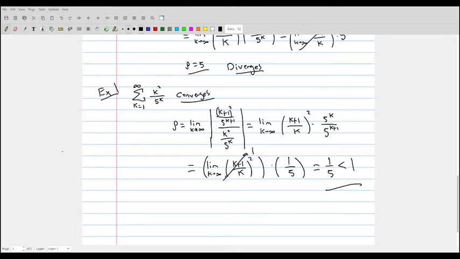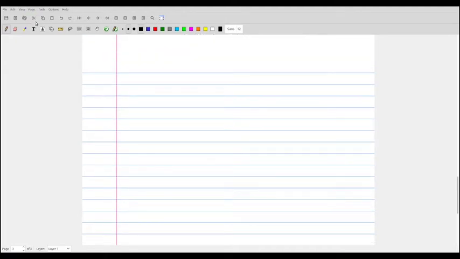Let's do one more example, just to show that we can do this in a wide variety of situations. This next example will be very important for showing certain results for Taylor series, which will be in the next lecture.